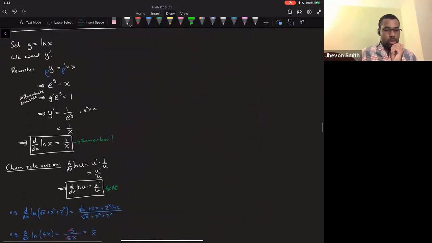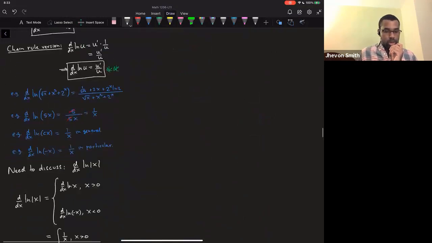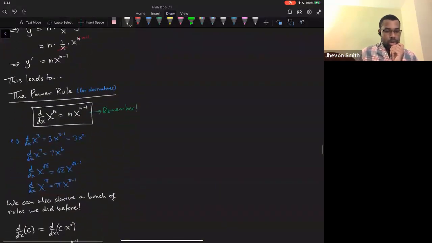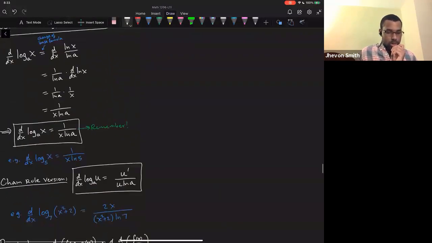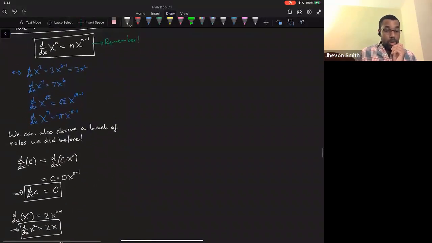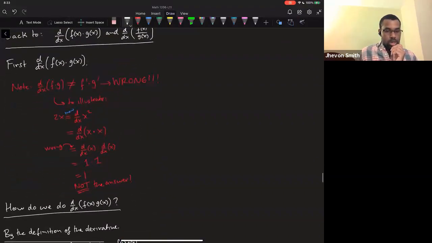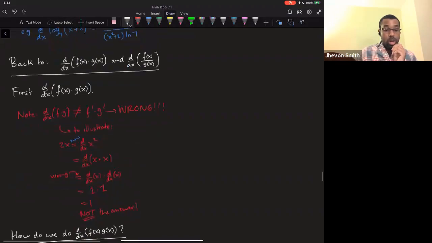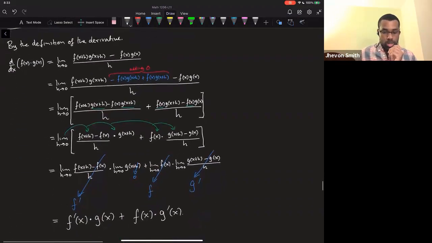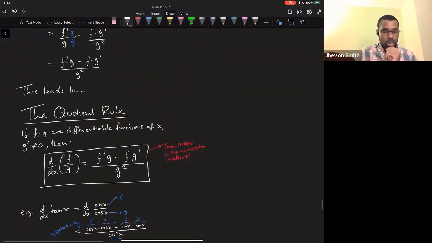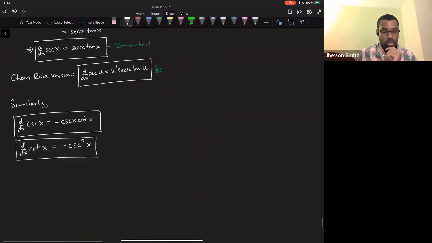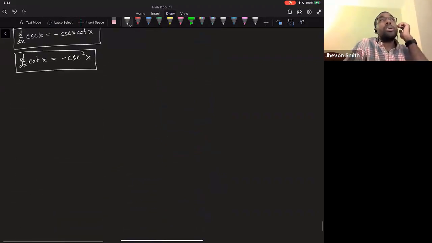We know how to differentiate logarithms, the natural log, as well as regular logs. We know the power rule, how to differentiate x to the n. We know the product rule, how to differentiate products of functions. We know the quotient rule, how to differentiate divisions of functions. At this point, there are no more rules for you to know.